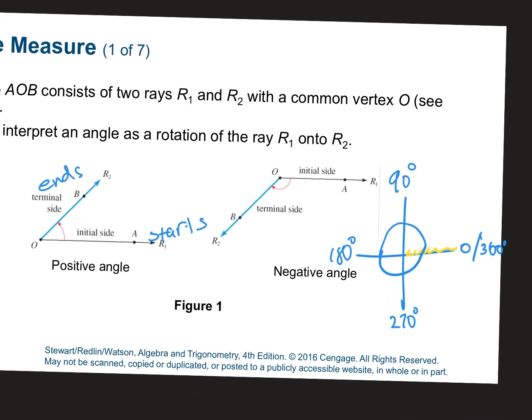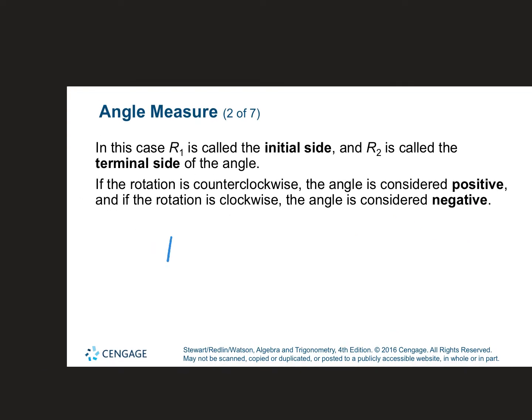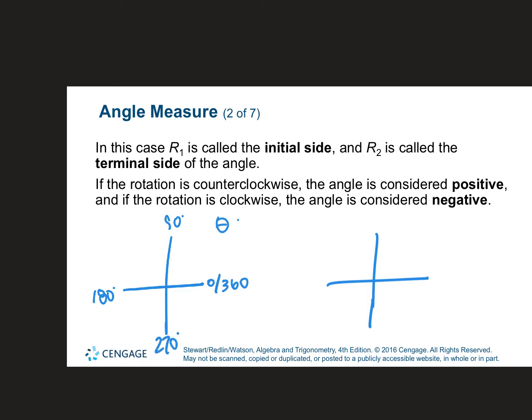So when we talk about the direction of angles, you might want to draw this. If I tell you that an angle measure, this is 0 or 360. Again, this is 90 up here. 180 is half. 270 is 3/4. If I tell you that you have an angle measure, our theta is 285 degrees.